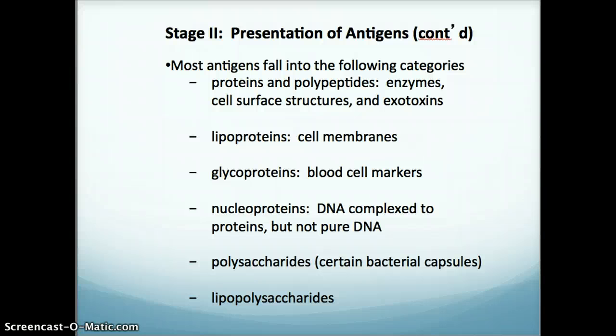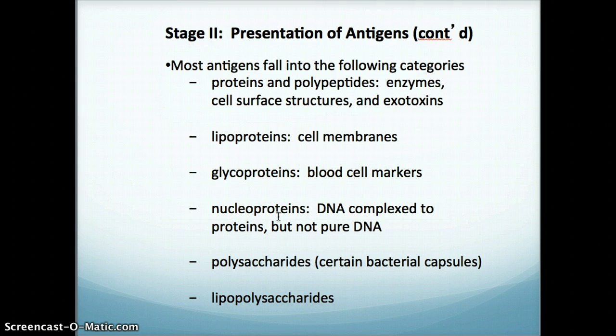So most antigens will fall into the following categories. We have proteins and polypeptides, and these would include things like enzymes, cell surface structures, and exotoxins. Lipoproteins would be another, which often are components of cell membranes. Glycoproteins, which can be blood cell markers.